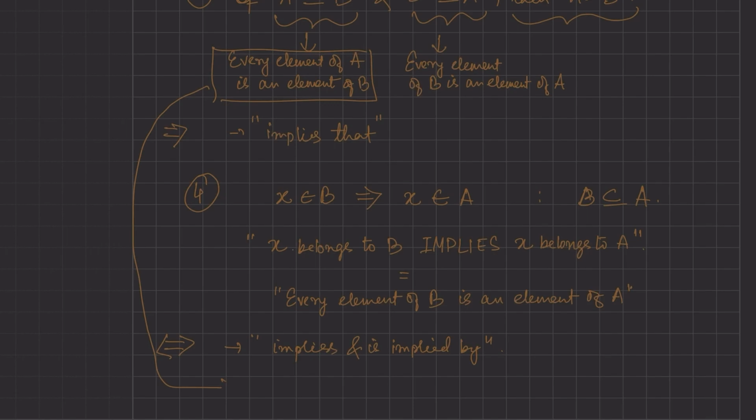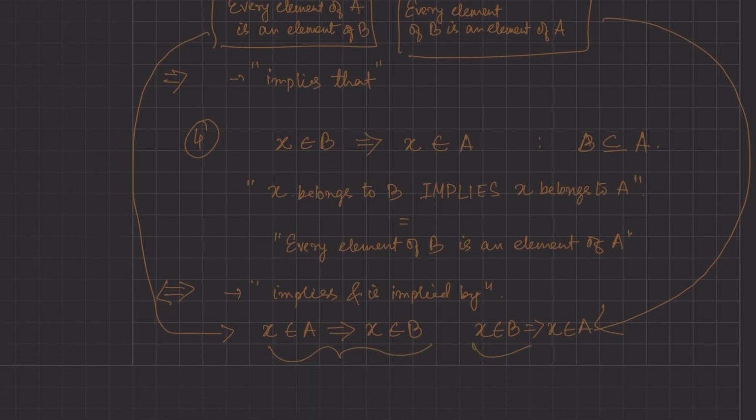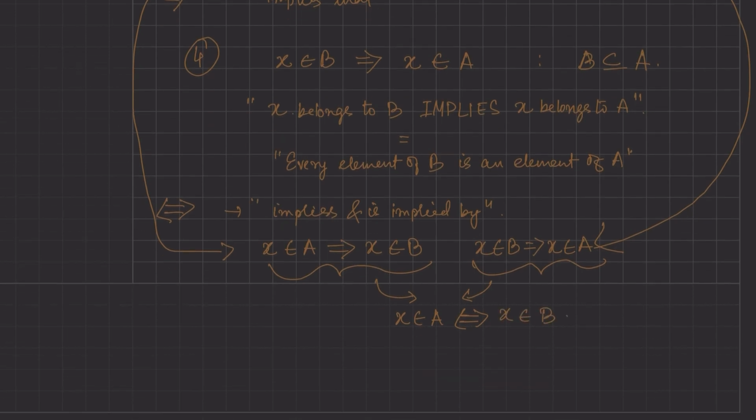If A is a subset of B, we can reformulate this statement in math notation as X belongs to A implies X belongs to B, and the second part we can formulate as X belongs to B implies X belongs to A, and we can combine these two statements together to form a double implication, which means not only does X belongs to A imply X belongs to B as well.